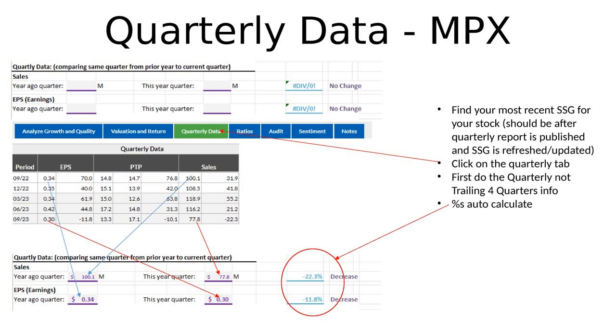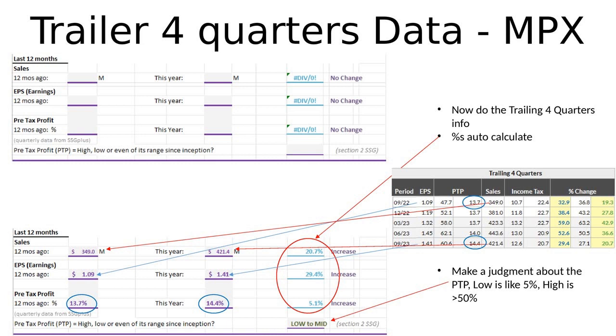Next, you're going to look at trailing 12 months. So the trailing 12 months, or trailing four quarters, or TTM, I snipped the blank and I snipped the filled out one. These numbers automatically calculate. So you're looking at trailing four quarters. The sales were 421.4 million, right?